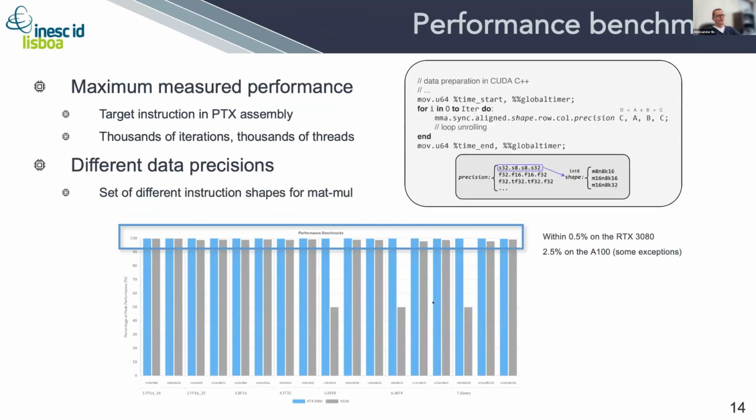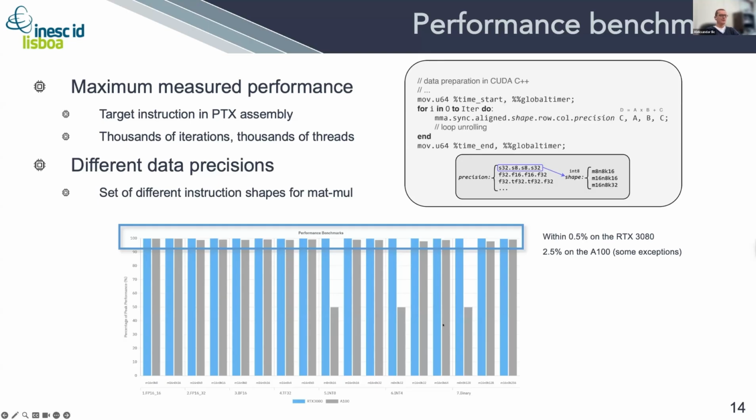So just to show how it is done, similarly to the CPU microbenchmarks, we have developed the target instructions in the PTX assembly by running thousands of iterations with thousands of threads. If you focus specifically on the Tensor cores here, we actually have different instruction shapes for matrix multiplication to specify and different precisions that we can use.